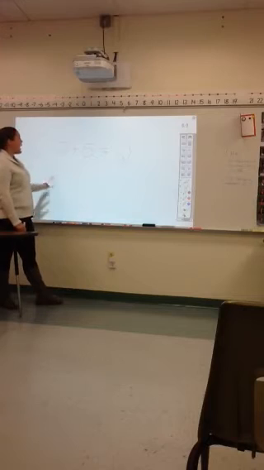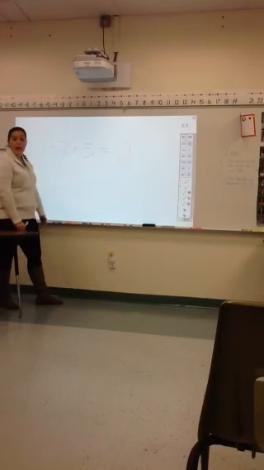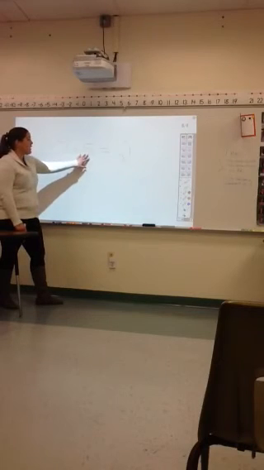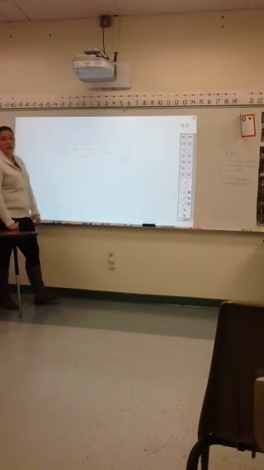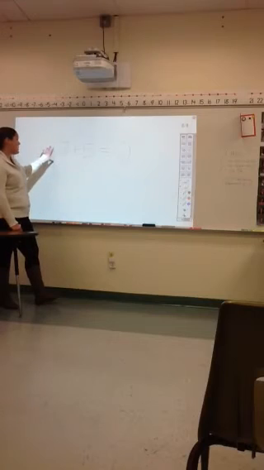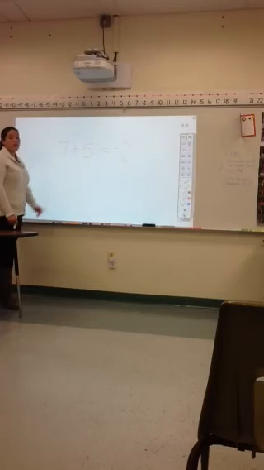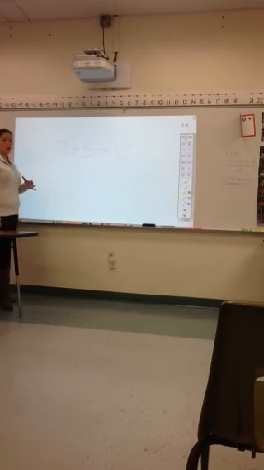Then I have to take a look at which one of these has the larger absolute value. Well, I know that 7 is larger than 5, so 7 has the larger absolute value, which means that I want to take the sign of my 7, which is negative. Whether you do this problem through number line or chips, you're always going to get the same answer.